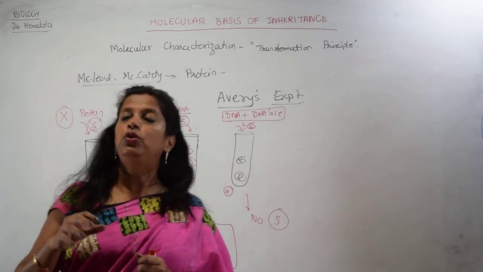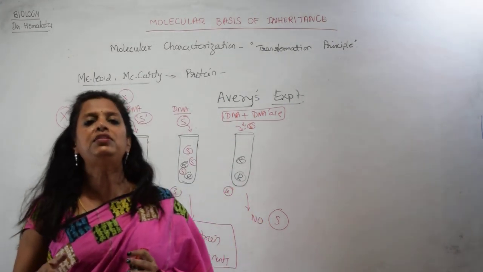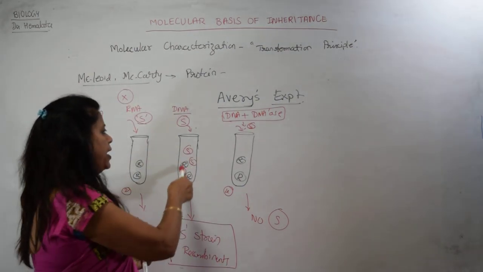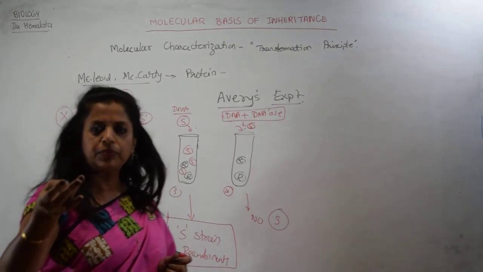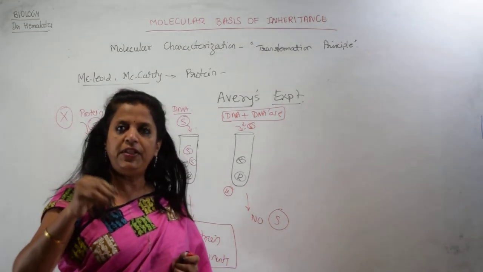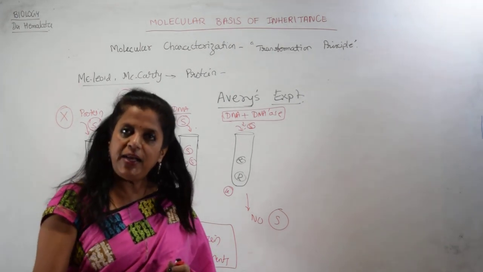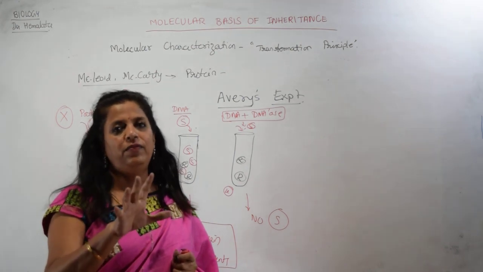And they even used proteins with protease enzymes, which break down the proteins. In the same way, they took the complete S strain, meaning all the proteins, RNA, everything, and added protease enzymes and RNase enzymes, retaining only the DNA.